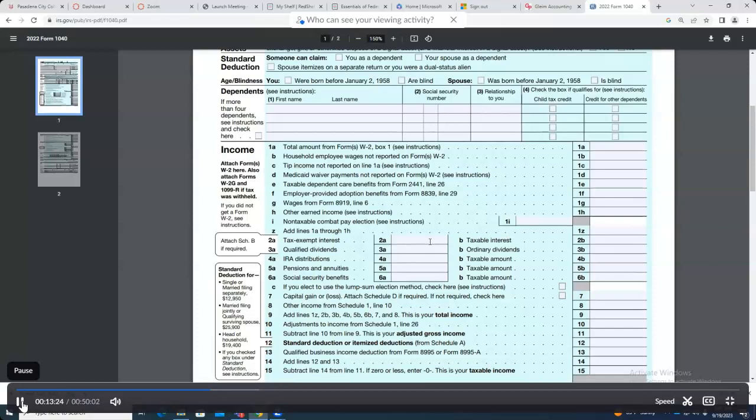So in this scenario, 494 goes into 2A, and 1,500 minus 494, let's say $1,006, goes into 2B right there. 2B is here. So 2B, $1,006, and 494 goes into 2A. Make sense? Questions?